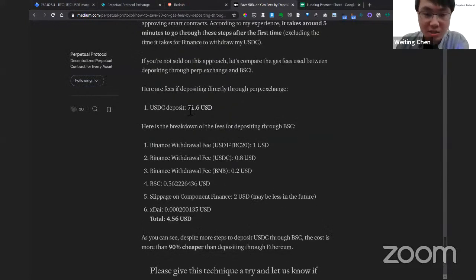By depositing on Ethereum, like we just did, sometimes if the gas fee is really high, it might take up to $70 USDC. Whereas if you follow the suggestion in this article, sometimes it costs you around $5 US. So it's a really good saving technique if you want to trade more on Perpetual Protocol.